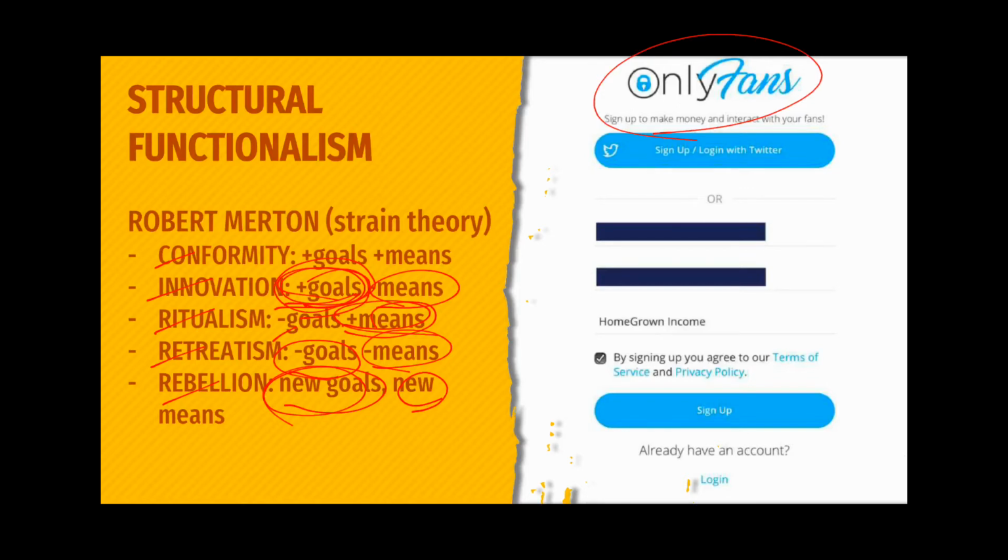For example, the goal for most music artists is being able to sell your music as a whole. The developers of Spotify created a new goal.